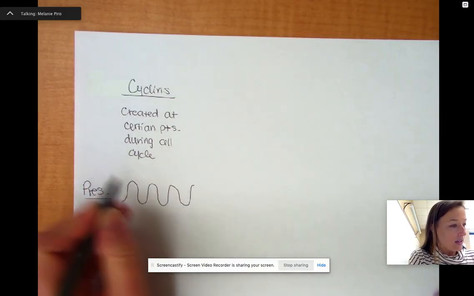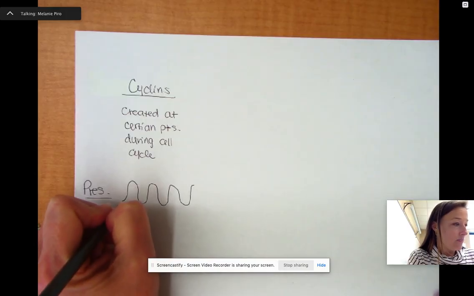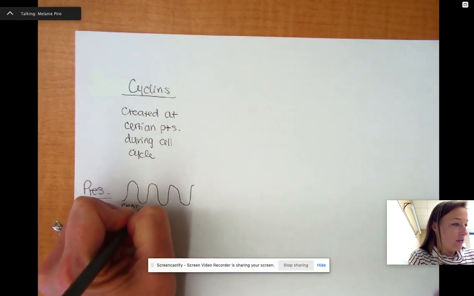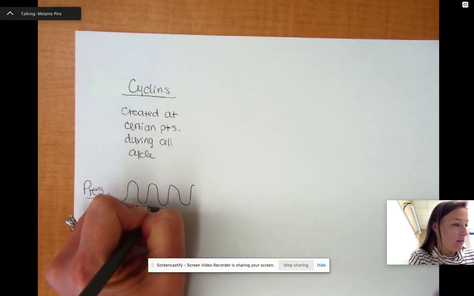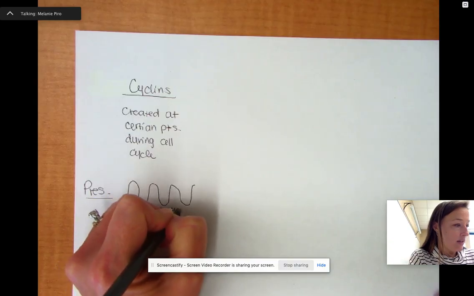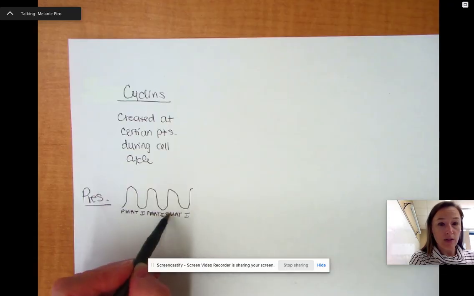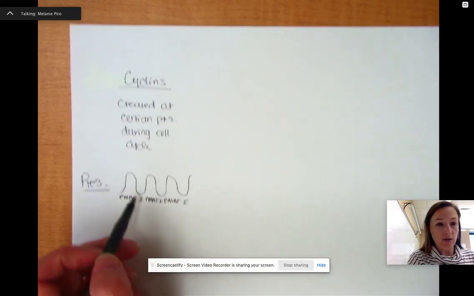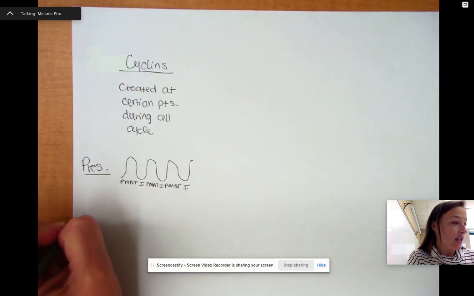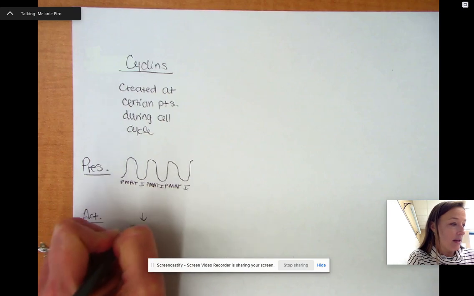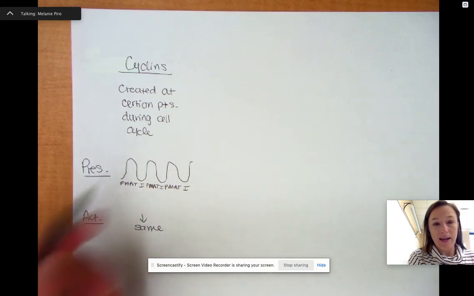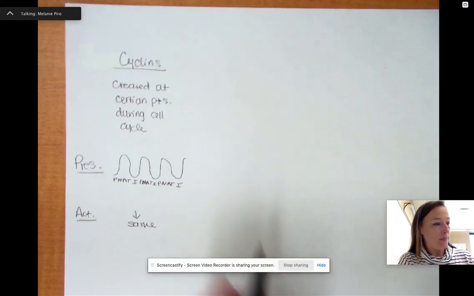So again, if this is like prophase, metaphase, interphase, this is one that is used during mitosis, so we see it peak during mitosis and it goes away during interphase. And its activity is going to be the same. So it's only going to be active when it's present, because duh, if it's not there, it can't be active.